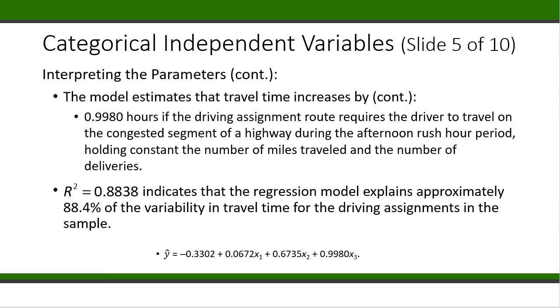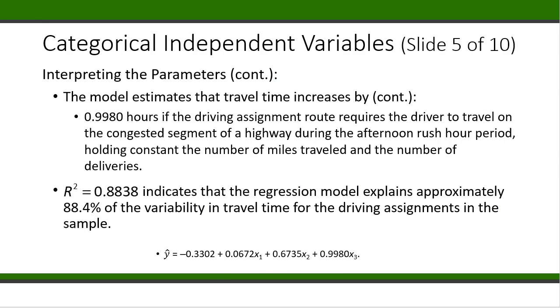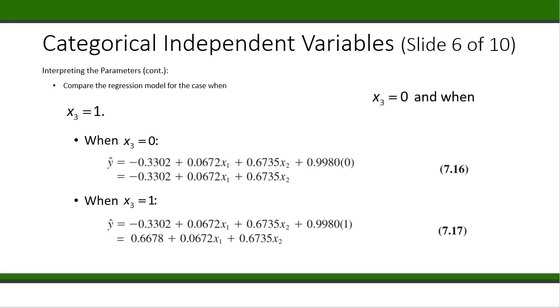It explains more about our y. And we can see here that the p-value is very, very small, so that's significant. And it doesn't cross 0 in our 95% confidence interval. So we want to add that to the model.